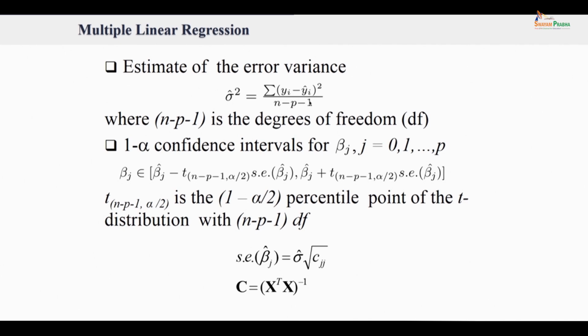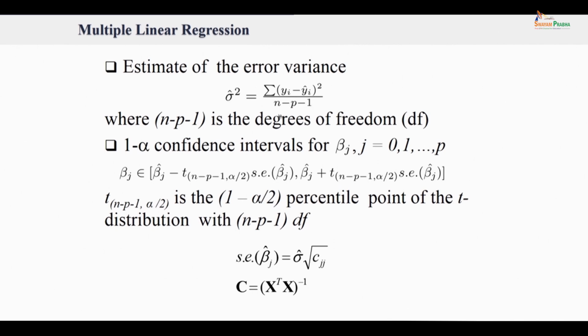Again, if you go back to your linear case or univariate case, you will find that the denominator is n minus 2. Here you have n minus p minus 1 because you are fitting p plus 1 parameters, p slope parameters plus 1 offset parameter. Therefore, out of the n measurements, p plus 1 are taken away for deriving the estimates, and only the remaining are the degrees of freedom.